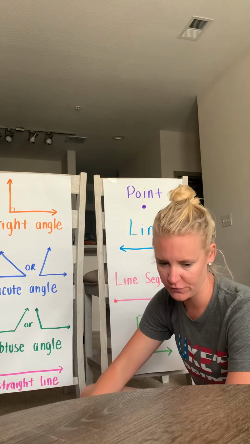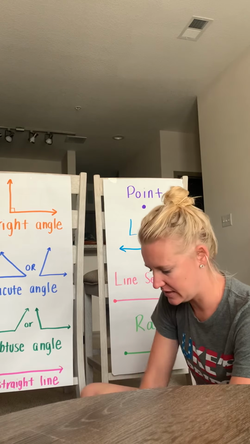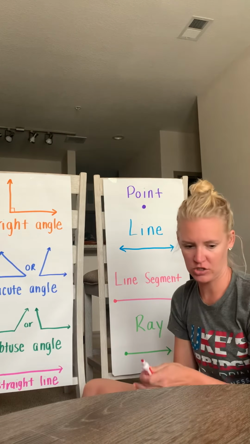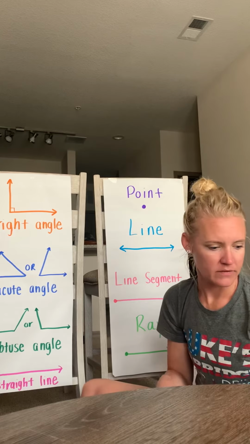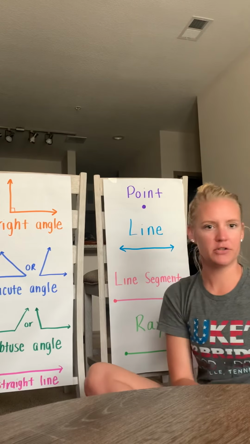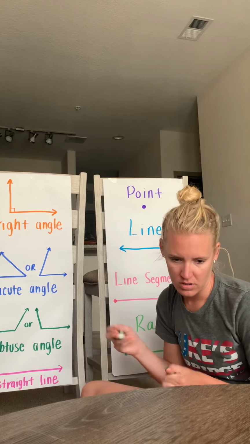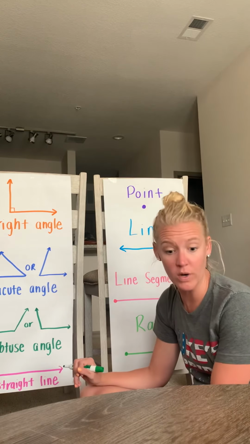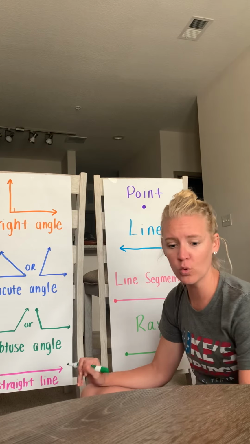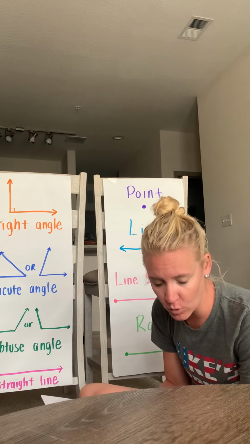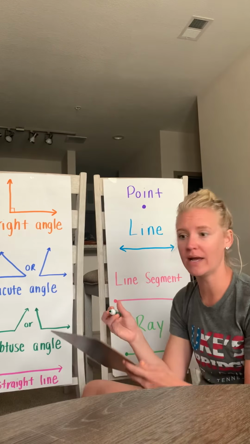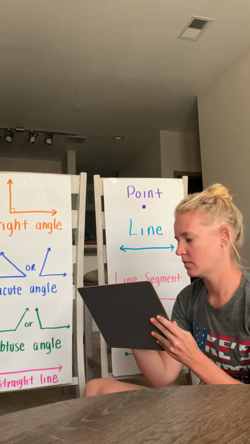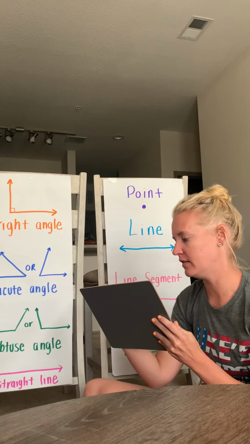Let's move on to 4, 5, 6, and 7. Let me change this marker out because for whatever reason, the red marker smears too much. Okay, number 4, use geometric terms to describe what is shown. Number 4 is a line with 2 endpoints. So what is that called? Hopefully you're writing this.